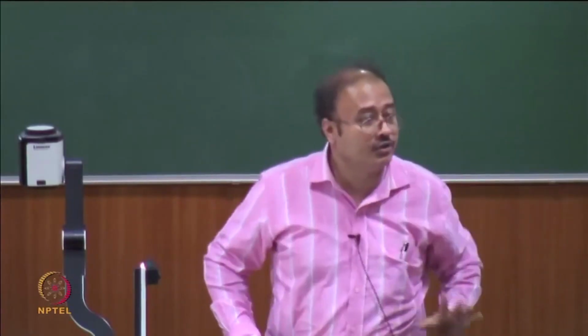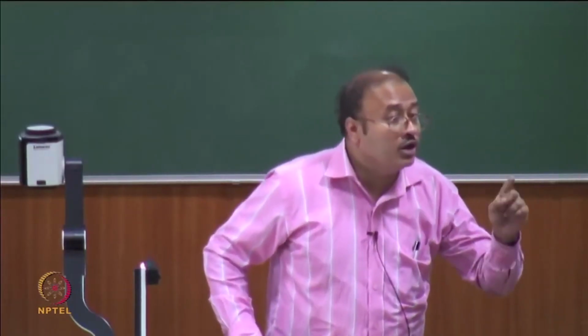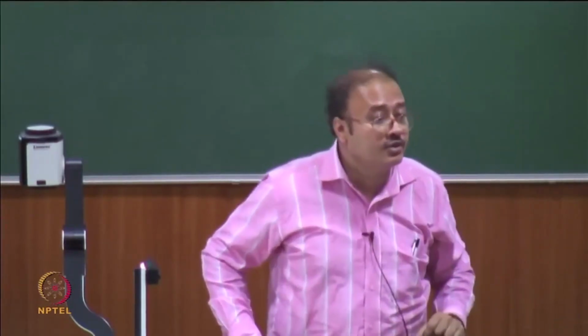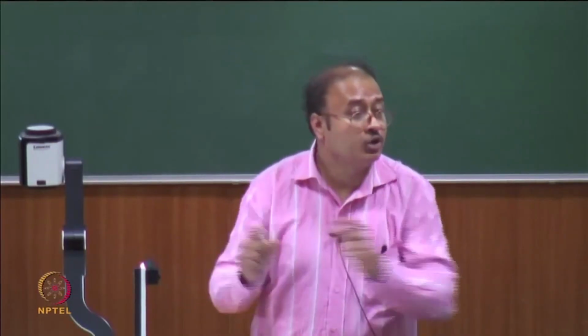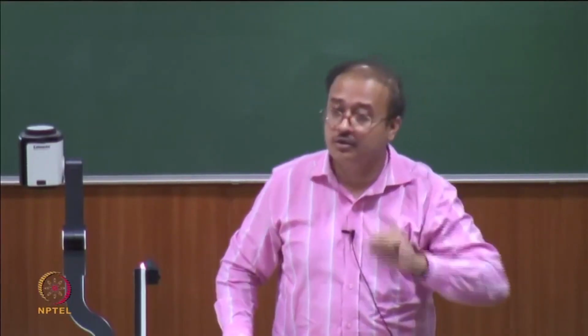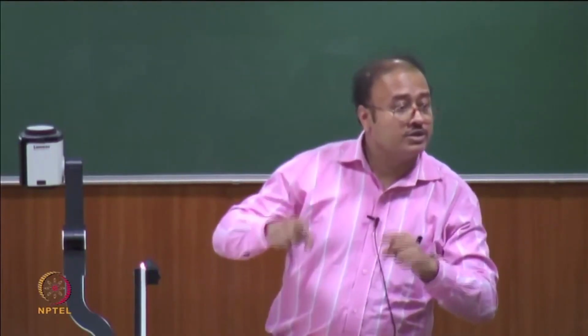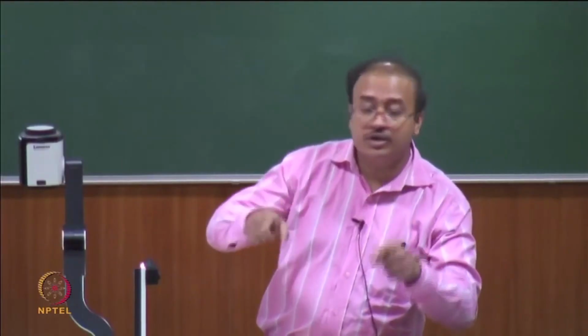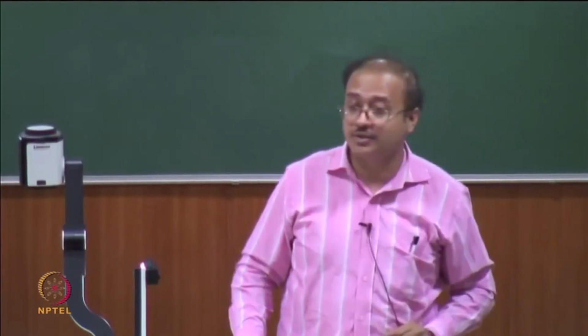Then how would you figure out Ku and Kf by themselves? You take help of the equilibrium, because K equilibrium is equal to Kf by Ku. So, that means you have two equations, two unknowns, then you can easily figure out what Ku is and what Kf is. That is the beauty of having both kinetics and thermodynamics.